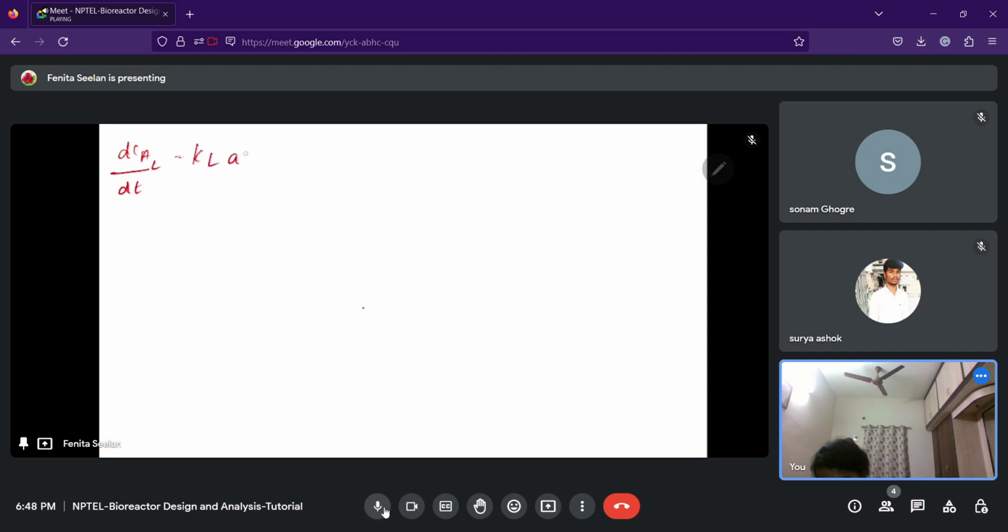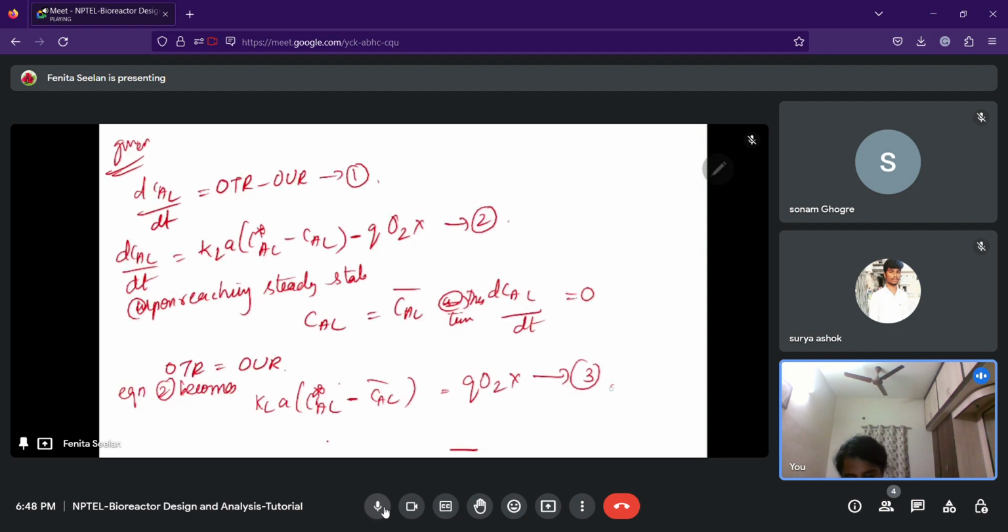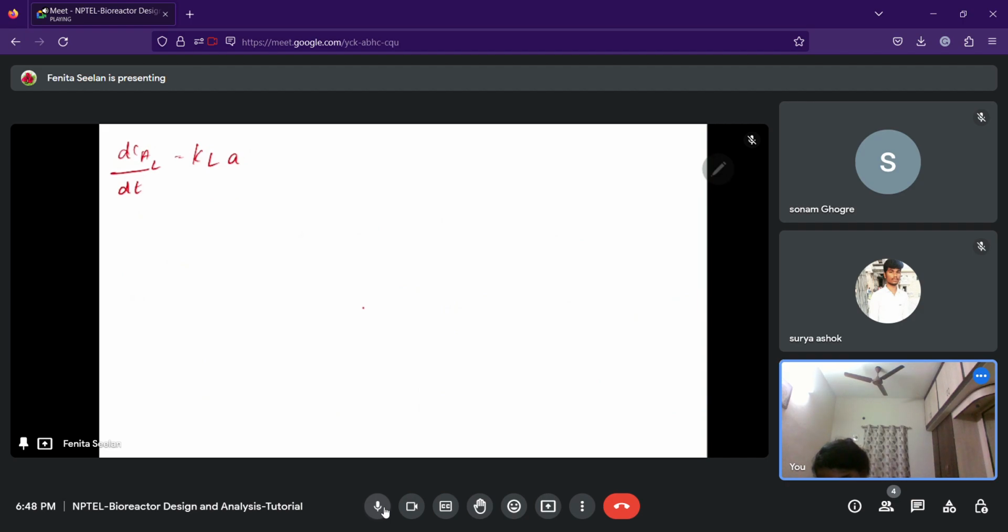Let's substitute equation 3. From equation 3 we found our QO2 X value, so we are substituting it back there, minus your equilibrium value.